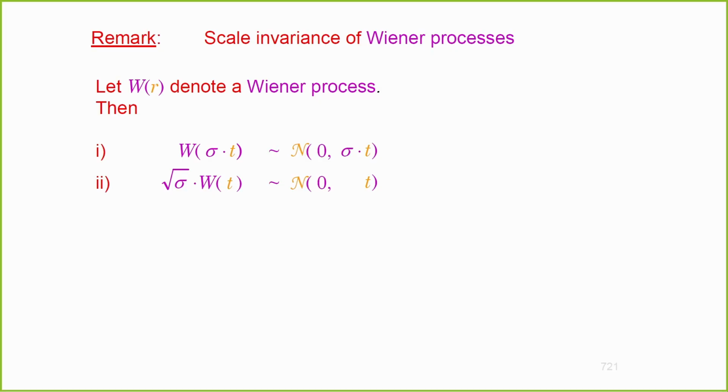That will have the same distribution as this random variable given at time point t. And why the square root of sigma? Why not sigma, by the way?